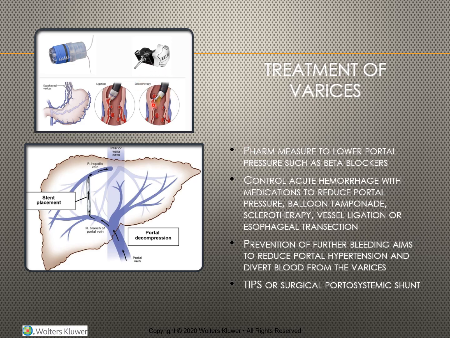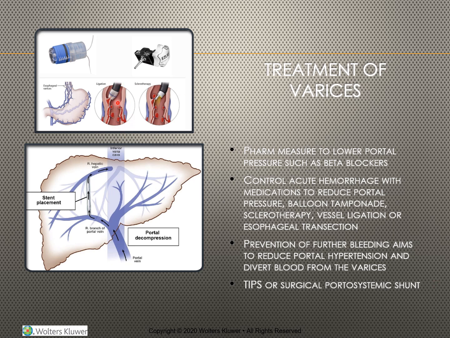This is sclerotherapy, where we put a scope down through the esophagus and we inject what we call sclerosing solutions directly into the varices, and they obliterate that vessel lumen. So it fills it up with this sclerosing solution and clots them off in a sense. We can also do something called vessel ligation. This is vessel ligation right here.